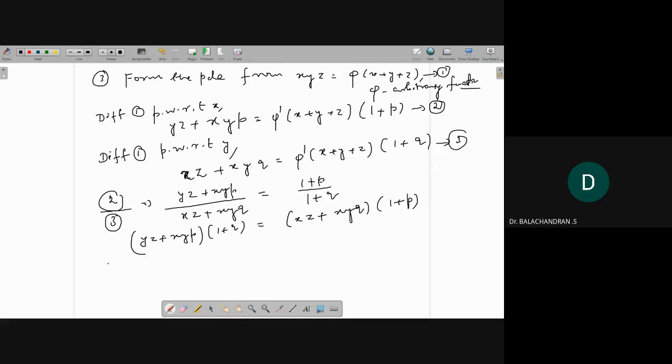Multiply: yz plus yzq plus xyp plus xypq equals multiply xz into 1, xz plus xzp plus xyq plus xypq.